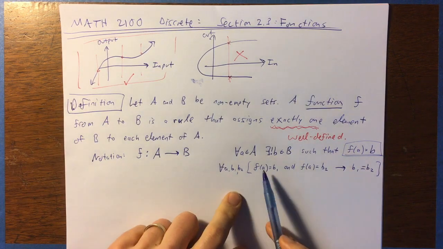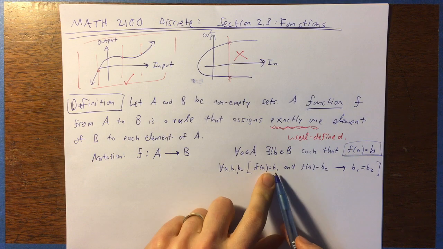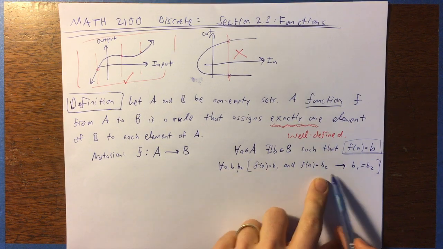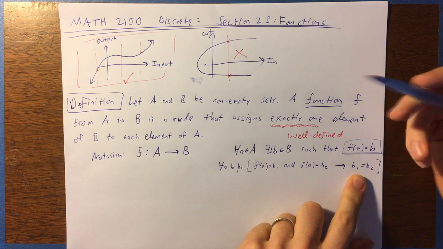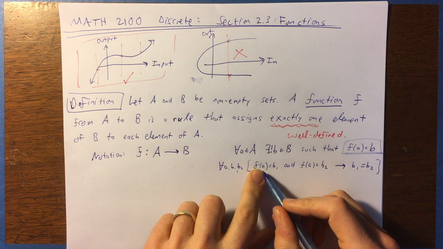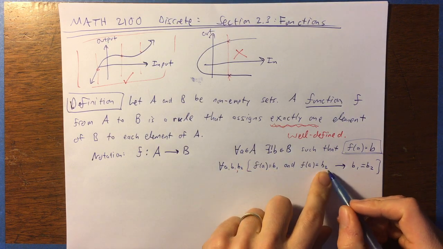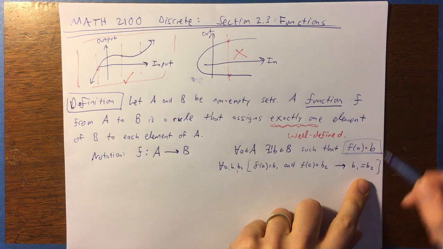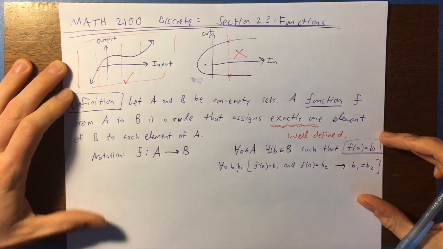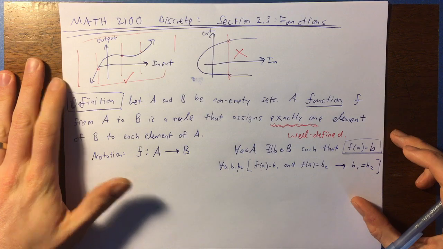It's basically saying, if f of a is equal to one number and f of a is equal to another number, then the numbers must have been the same number. And I said numbers, but that's silly because it doesn't have to be numbers. It could be any kind of element. So if f of a equals one element and f of a equals another element, they must have been the same element. That's what it means to be well-defined. So those are two things you can say that further describe that idea and introduce some of the notation.